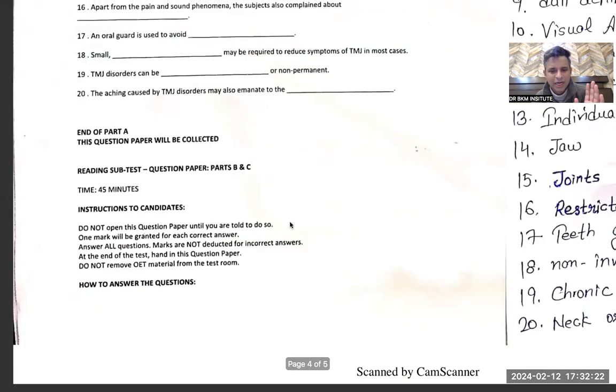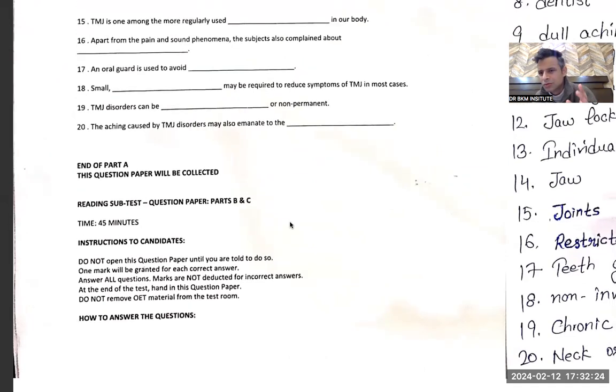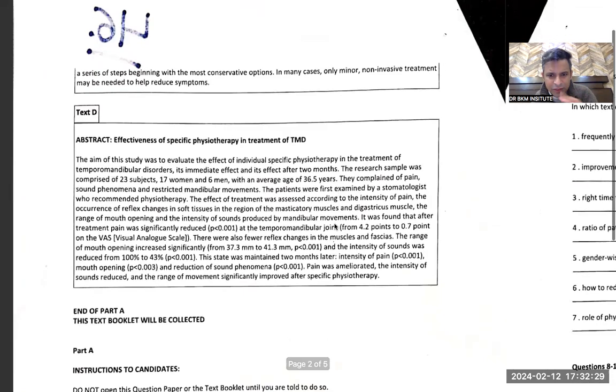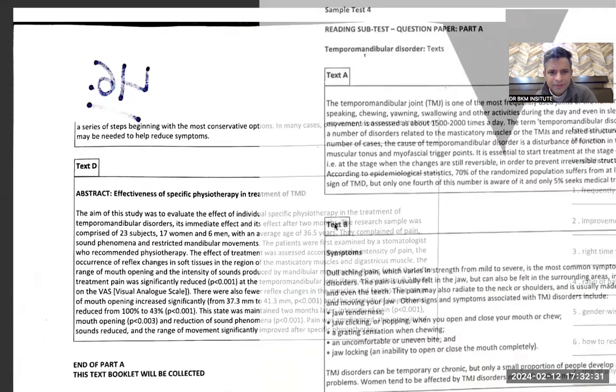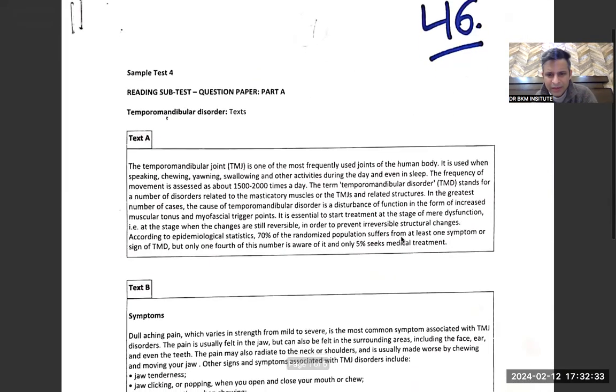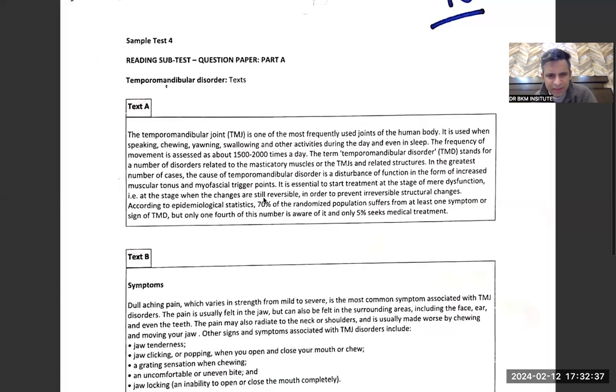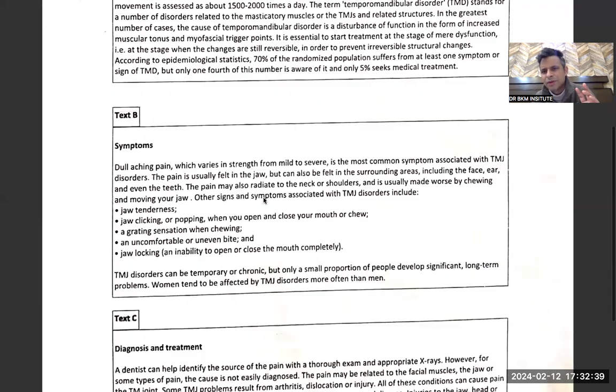I don't have to use over energy. Where was this word permanent and non-permanent? It should be over here. It can be reversible. Changes are still reversible. So reversible should be my word in this 19th answer.